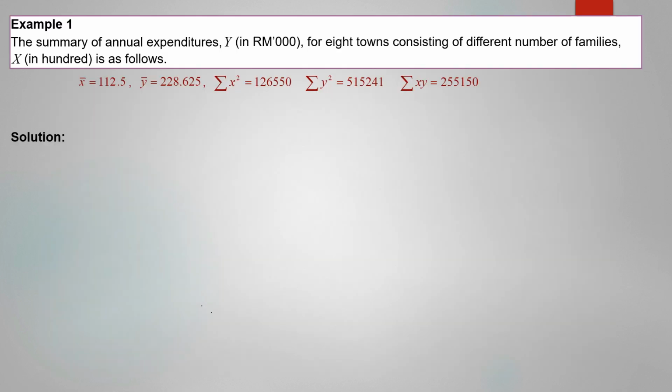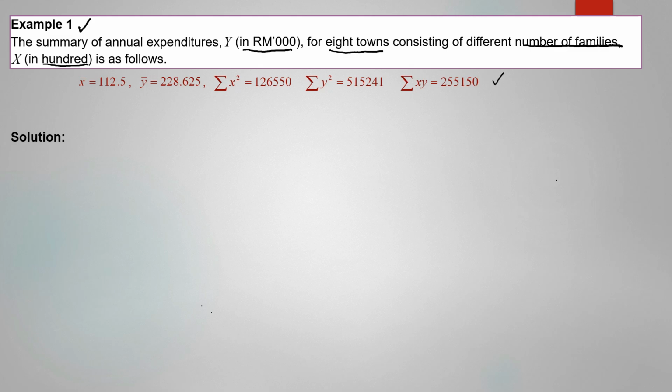Let's move to example 1. The summary of annual expenditures, which is represented by the Y variable in RM1000, for 8 towns consisting of different numbers of families, which is our X variable, in 100, is as follows. So this would be the summary of the data.